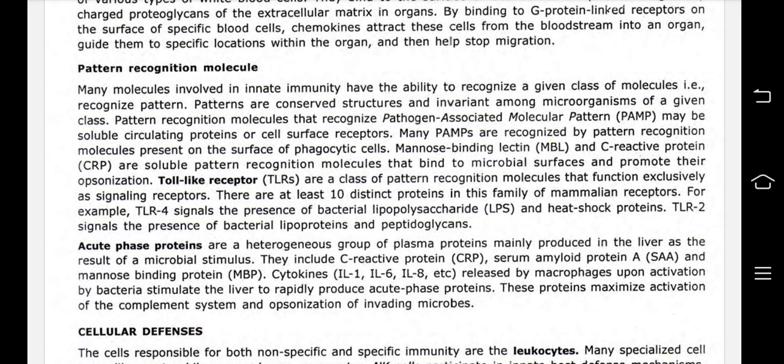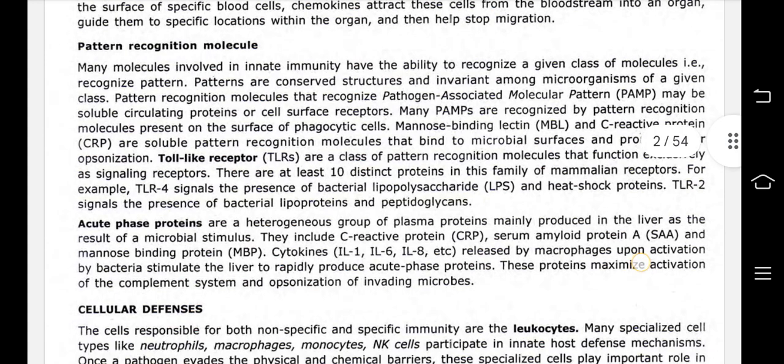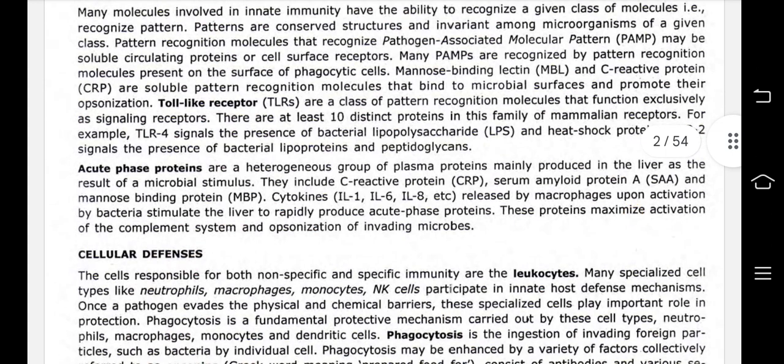There are at least 10 distinct proteins in this family of mammalian receptors. For example, toll-like receptor 4 signals the presence of bacterial lipopolysaccharide or LPS and heat shock proteins. So TLR2 signals the presence of bacterial lipoproteins and peptidoglycans.